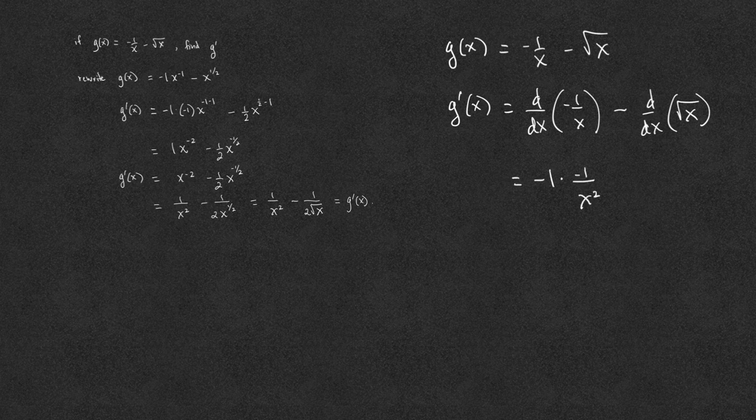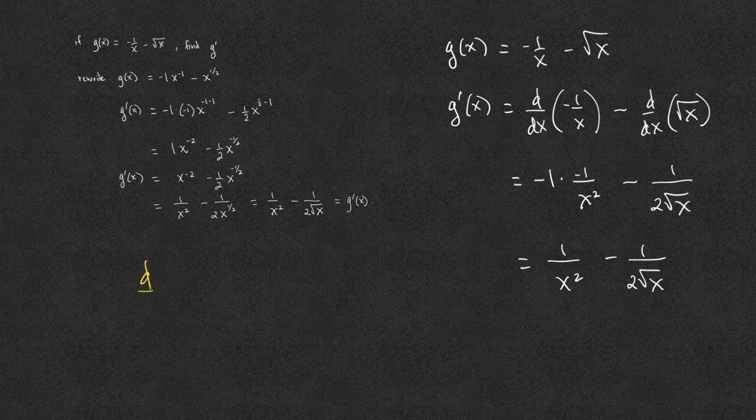Notice that the constant multiple is negative 1, so we would rewrite it. Minus the derivative of the square root of x, which is always 1 over 2 root x. And we simplify this as 1 over x squared minus 1 over 2 root x.